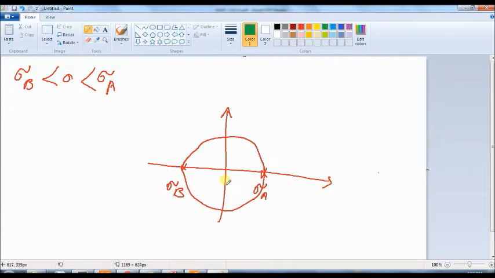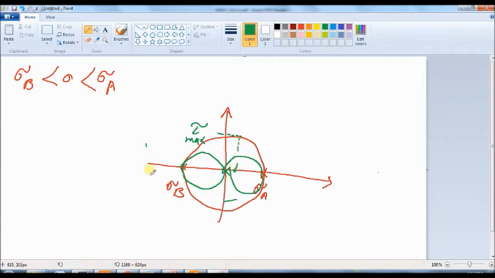The third principal stress is 0, right? So I have to draw another two circles, sigma A and 0, and sigma B and 0. Again, the maximum shear stress, tau max, equals the radius of this circle.